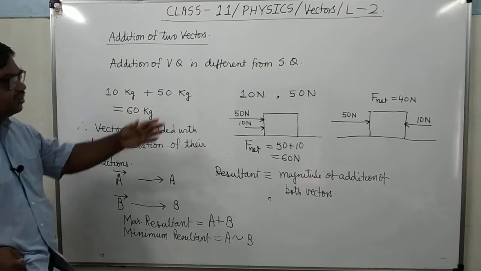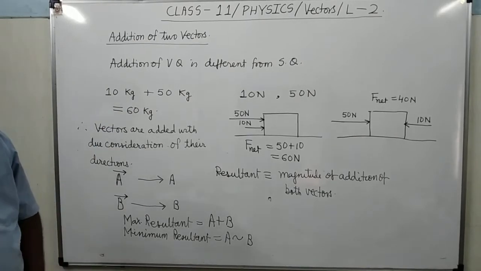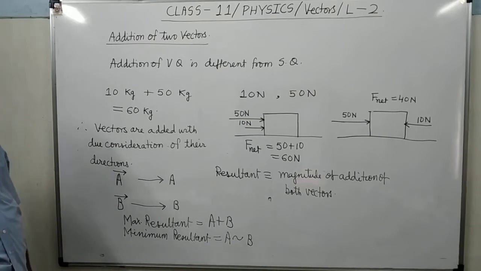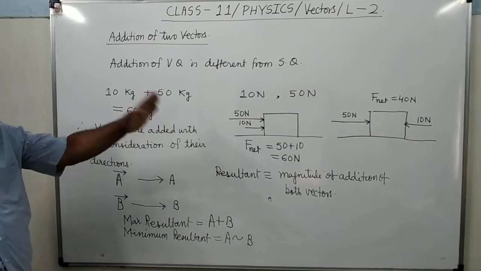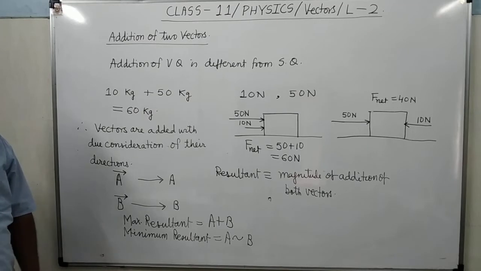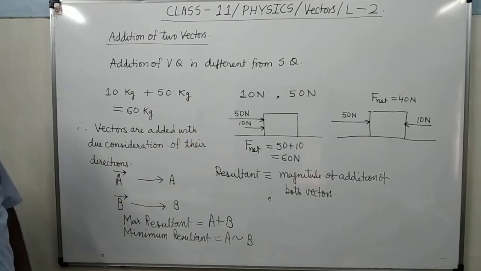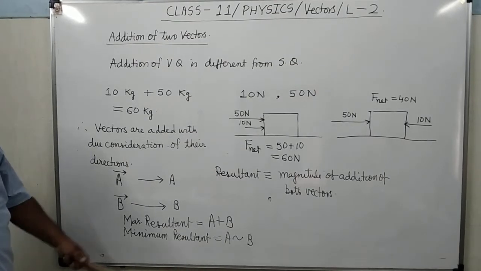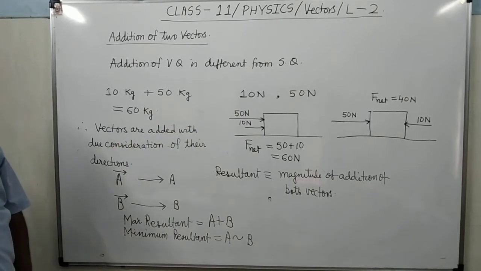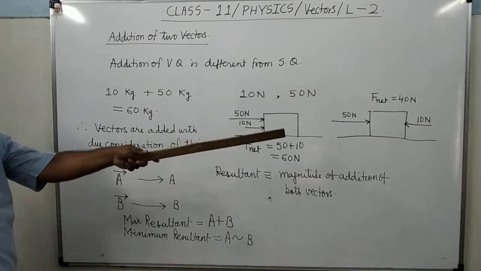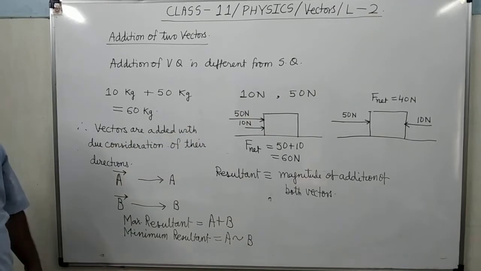For example, in the same case, here one is of 50 Newton, the other is of 10 Newton. So what is the maximum resultant which these two vectors can produce? That will be 60 Newton, when they are acting in the same direction, when the angle between their directions is 0 degree. The minimum resultant which they can produce will be 40 Newton, when their directions are opposite, when the angle between their directions is 180 degree.